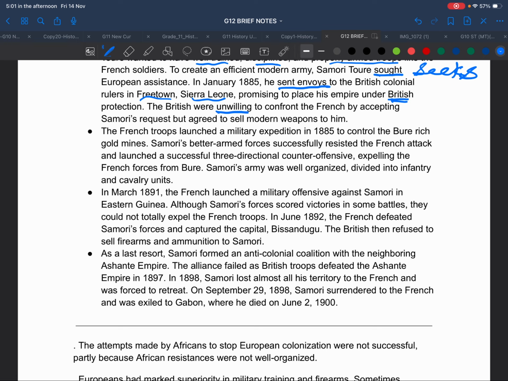If they were on his side, they would have to confront the French. But the British were unwilling to confront the French by accepting Samory's request, but agreed to sell modern weapons. The British wanted to sell their weapons to Samory.